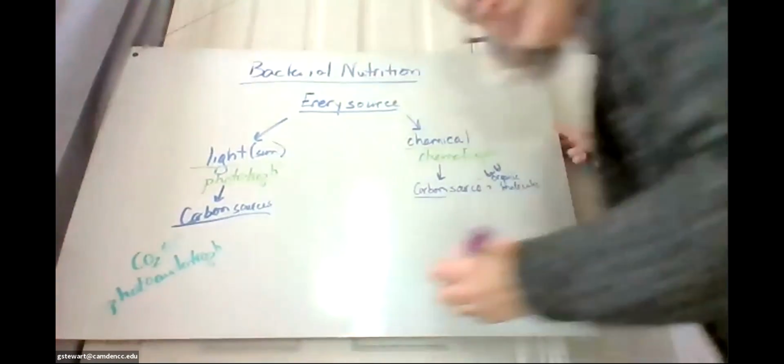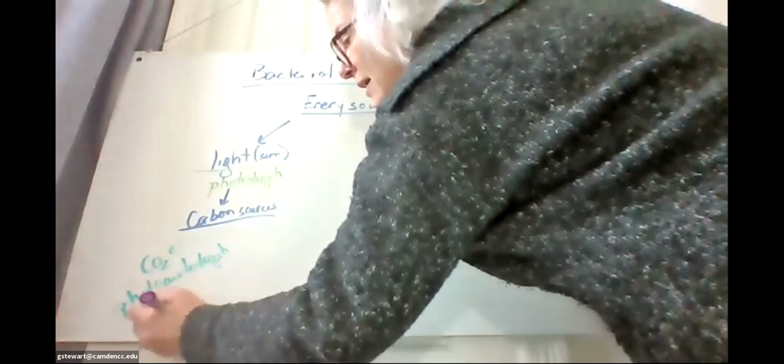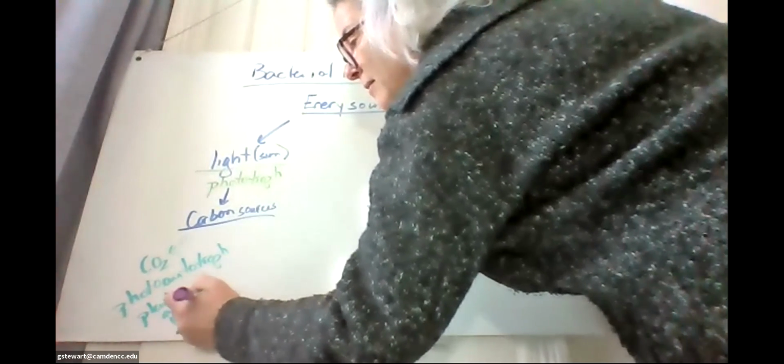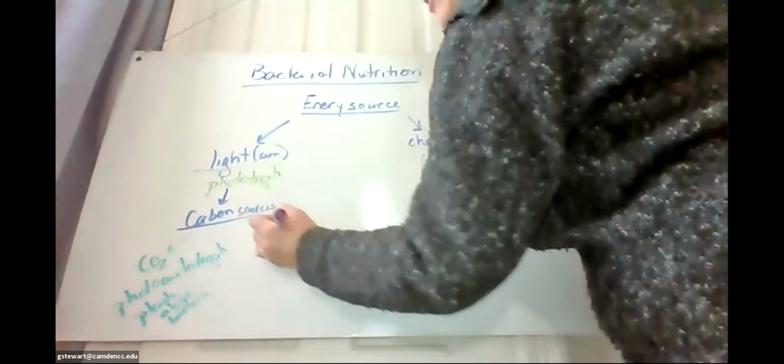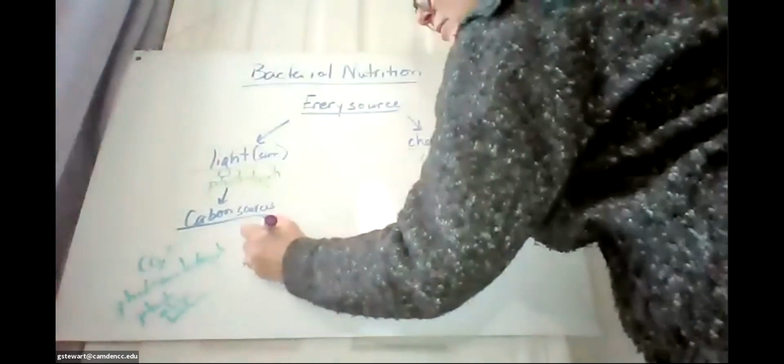And if I asked you for an example of that, most of you would probably say a plant, right? But there are bacteria that are photosynthetic. So I will put plants, algae, and bacteria.